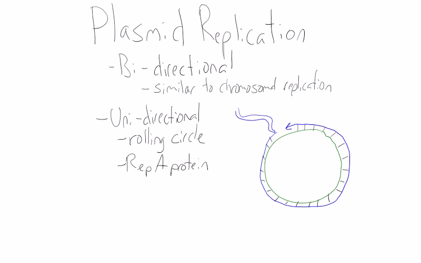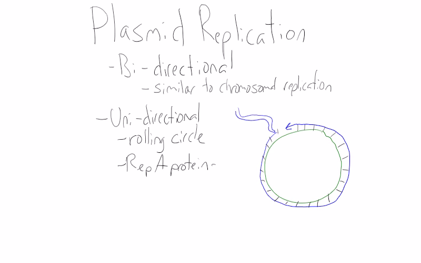It's called a rolling circle model. As you can see in the diagram, you have the circular DNA of your plasmid. It starts at a nick, which is bound by what is called a Rep-A protein, and a nick is simply a break in the DNA.